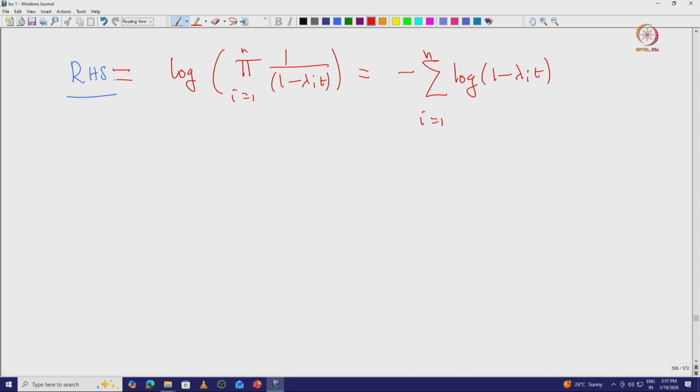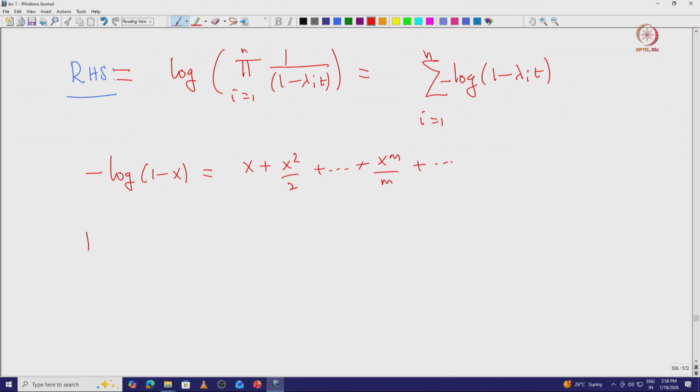Now I can take this minus inside. So then this is going to be the summation of minus log of 1 minus lambda_i t. Now use this formal identity that minus log of 1 minus x is going to be x plus x square by 2 plus etcetera plus x power m by m plus etcetera.